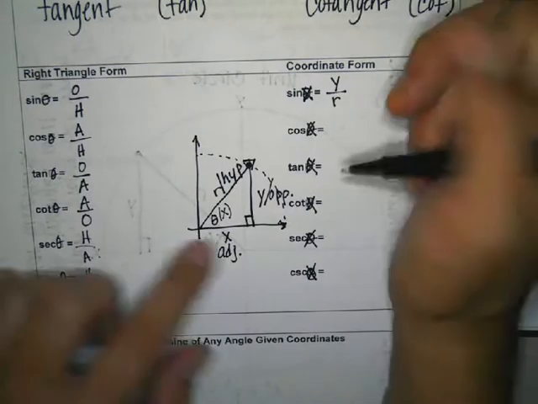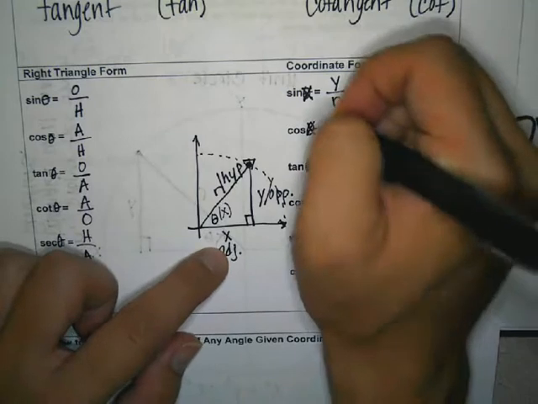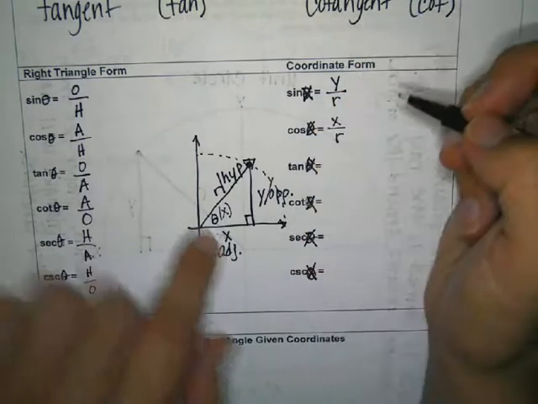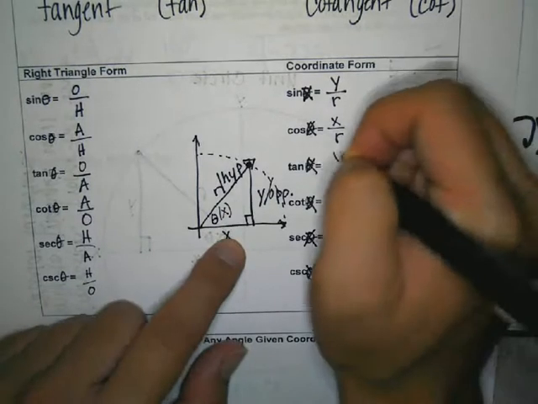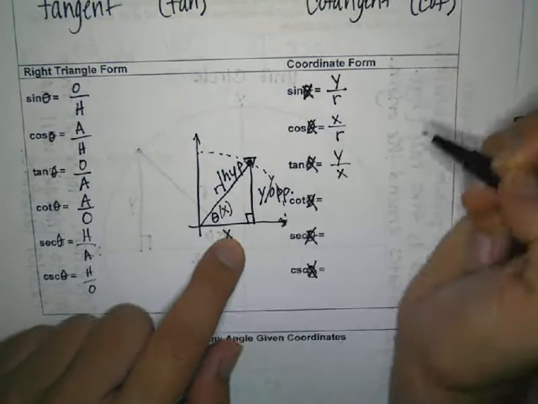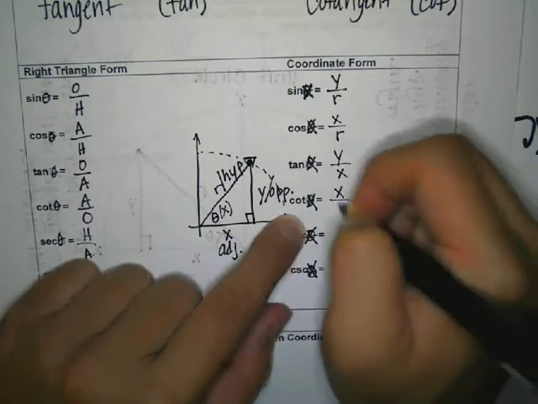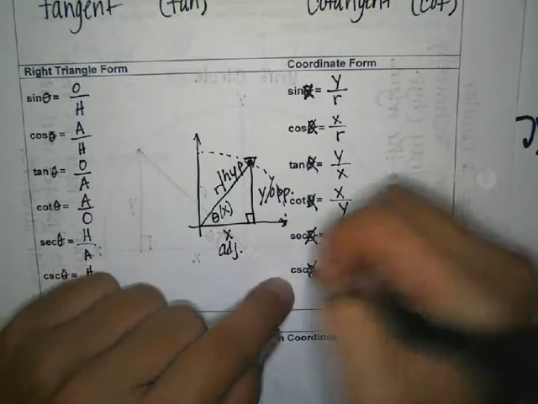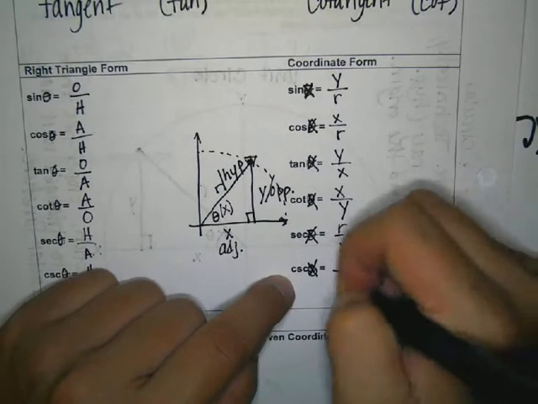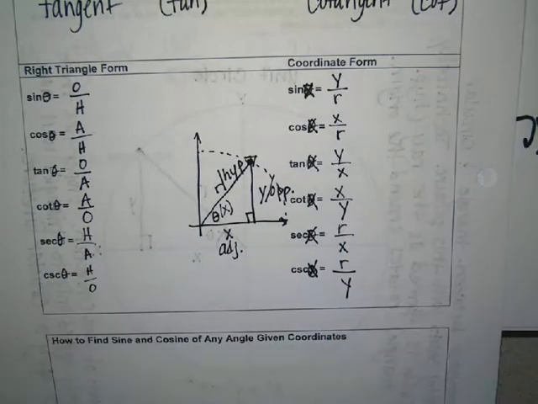Cosine is going to be adjacent over hypotenuse. Tangent is going to be opposite over adjacent, or y over x. Cotangent, you flip tangent. Secant, you flip cosine. And cosecant, you flip sine. Okay, so these are all the definitions of the trig functions, or this is how they're defined.